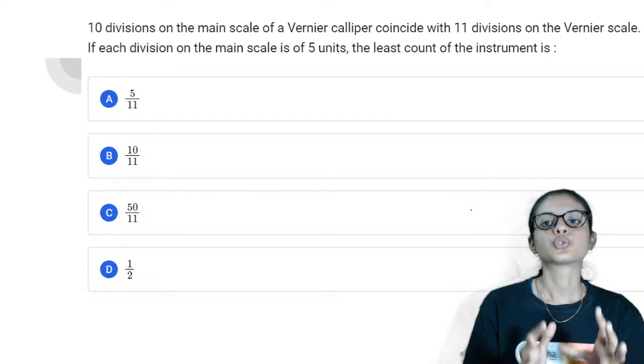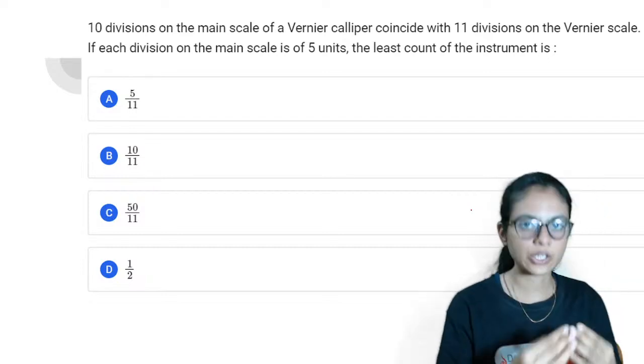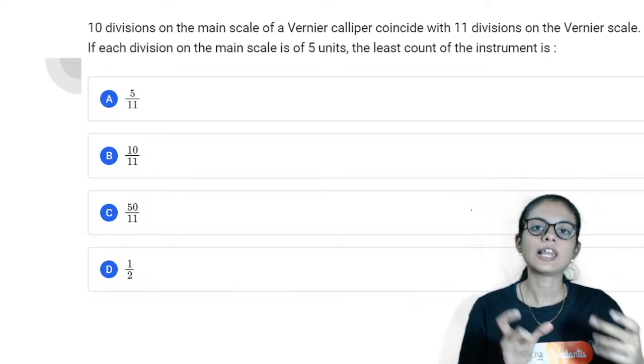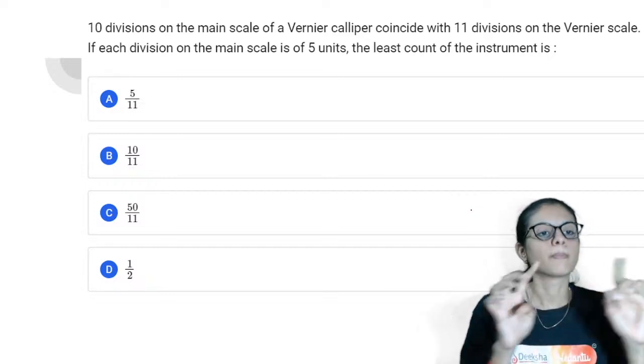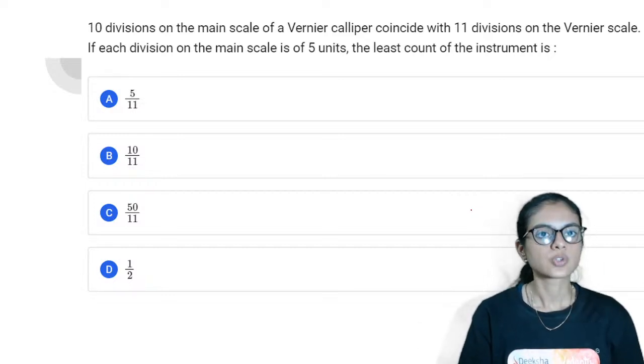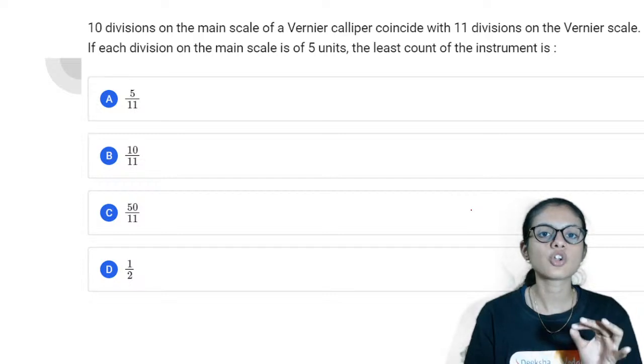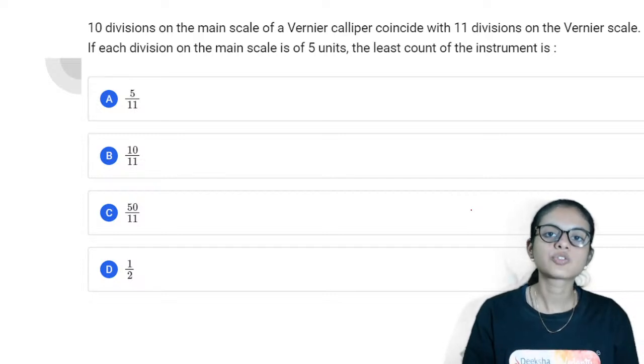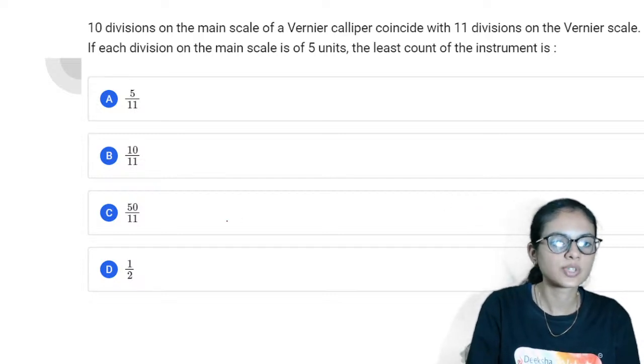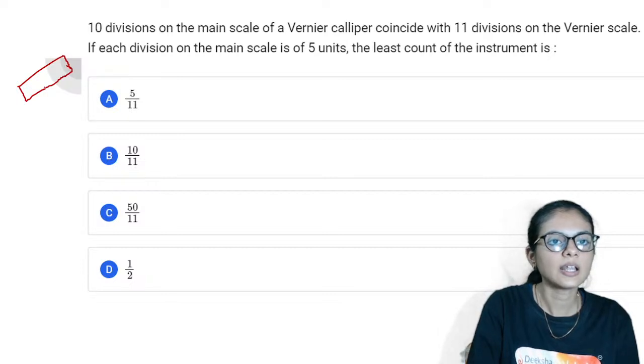Understanding what I'm saying? So here it is given 10 divisions of main scale. How will be the structure of vernier caliper? If you see it, it will be having a main scale over it. It will be having one main scale and the other one as a vernier scale.